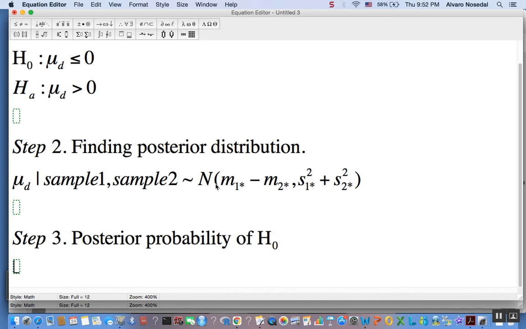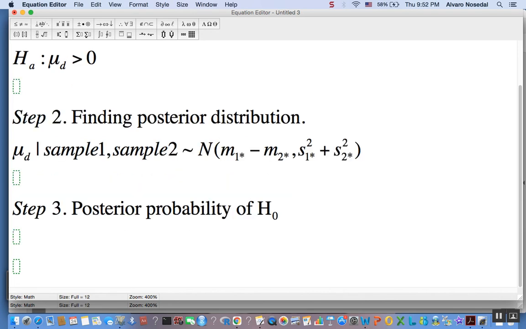And then once you have that, you just compare that to your significance level if you have one, and if not, compare the posterior probability of H naught with the posterior probability of the alternative and see which one is more likely. So step 4, you make your conclusion and you're done. And that's it, so really simple.